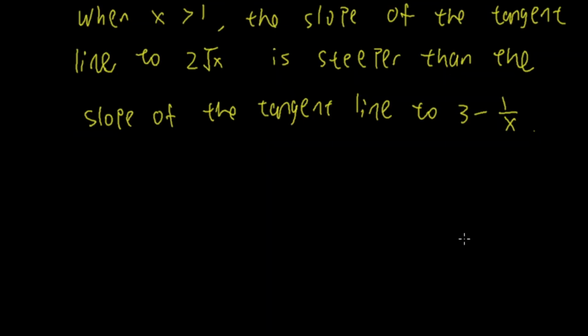Okay, now let me sketch the graph. So let's say here, that would be 2 times square root of x. Okay. Now next, this would be 3 minus 1 over x.